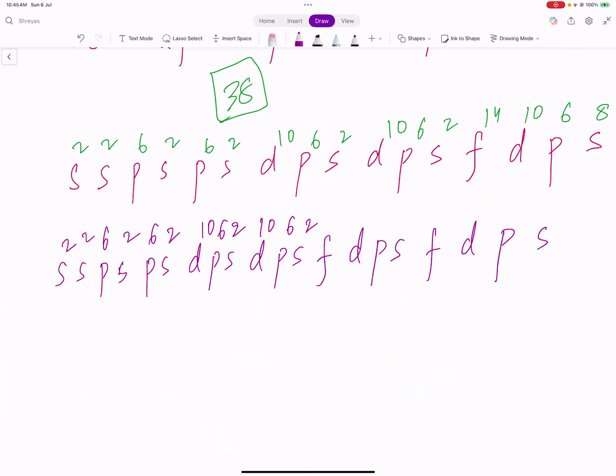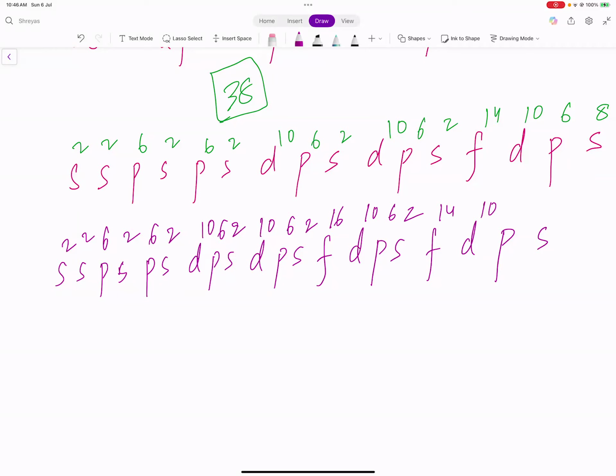Are we counting correctly? 70, 72, 82, 88, 90, 104, 124.